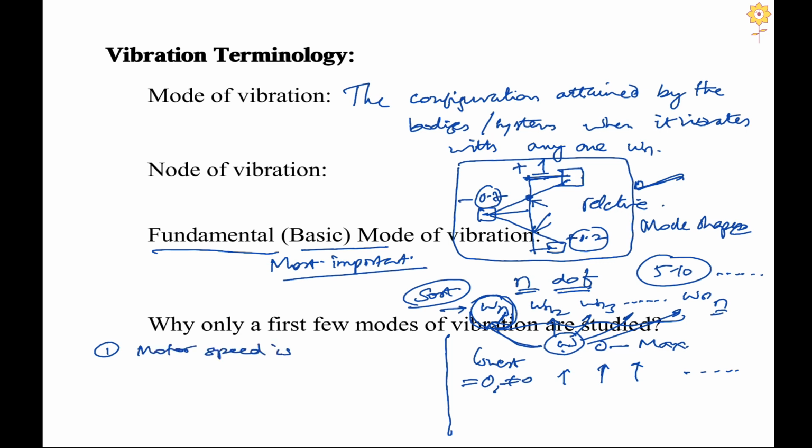Motor speed is practically limited. So what happens with this? Motor speed is omega, natural frequency. It has some maximum value, 0 rpm to say 10,000 or 20,000 rpm. Beyond that it is not possible to be used. So the number of possible resonances within this 0 to say 10,000 rpm is limited, and the chances that it will match any one of these will be limited.